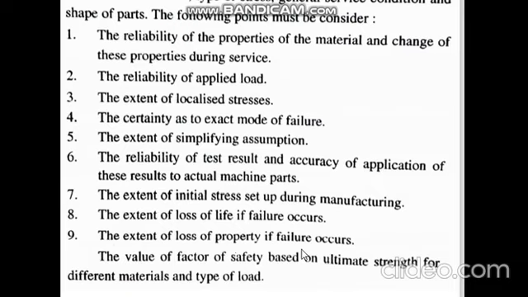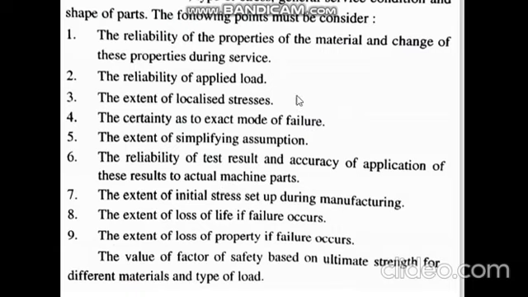Then you have to use a higher factor of safety. So with less loss of life and less loss of property, the factor of safety is like 2, 3. Where more loss of life is there, you may have to use 4, 5, 6, like that. Then the value of factor of safety based on ultimate strength for different materials and types of loads.